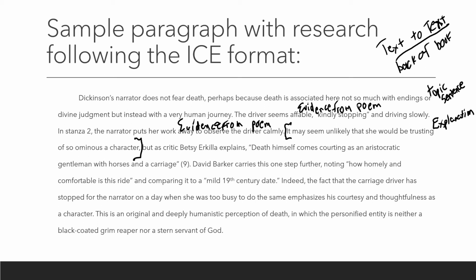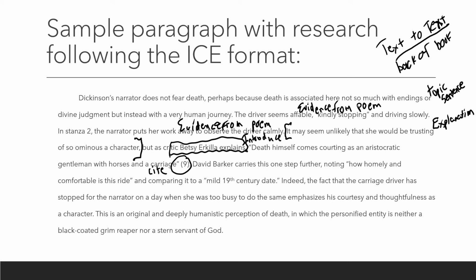It may seem unlikely that she would be trusting of so ominous a character. But as critic Betsy Urquilla explains, Death himself comes courting as an aristocratic gentleman with horses and carriage. So, as Betsy Urquilla explains, that is the I part, introduce. Here's the cite, okay, the page number, because the author's name is in the sentence.